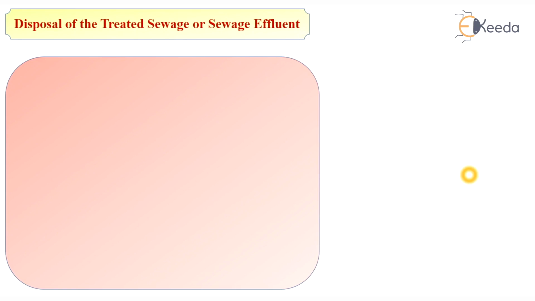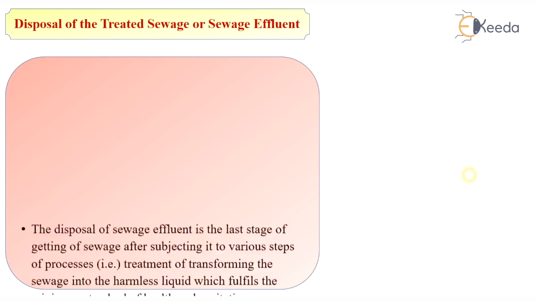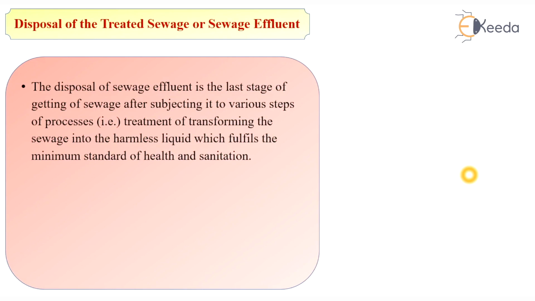So, disposal of the treated sewage or sewage effluent. Why do we require this disposal of sewage? The disposal of sewage effluent is the last stage of handling sewage, after subjecting it to various treatment processes, that is, primary, secondary and tertiary treatment, before it goes to the water body for discharge.